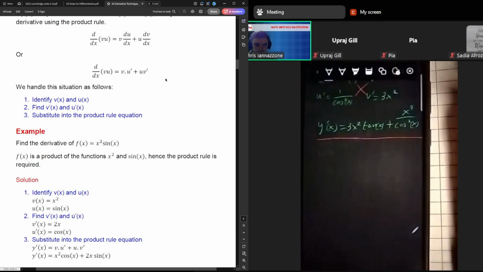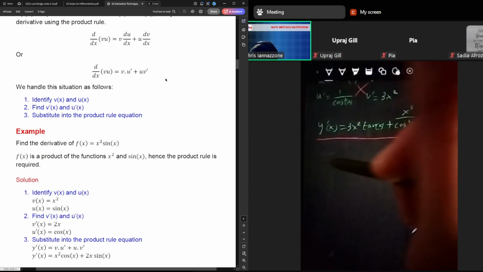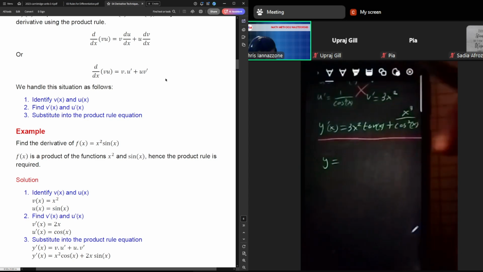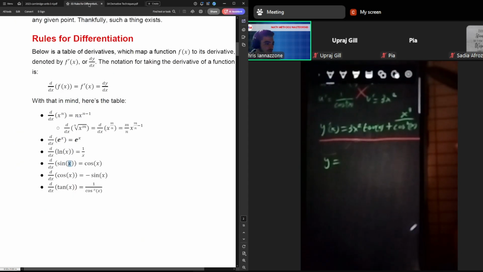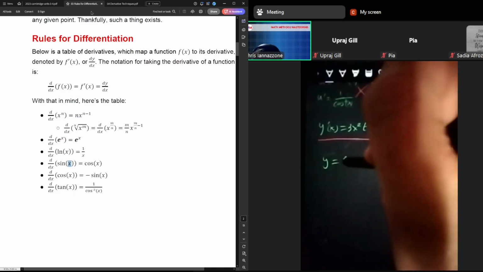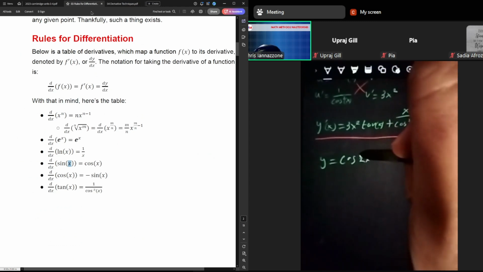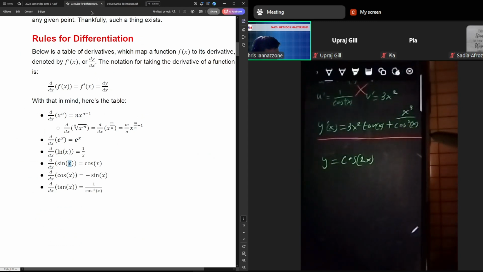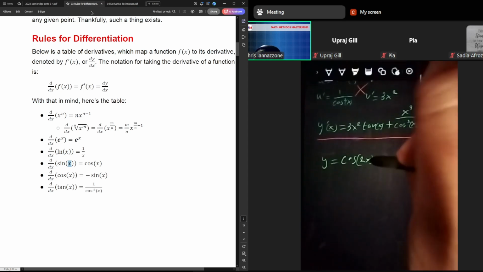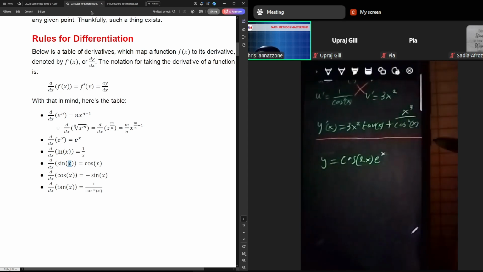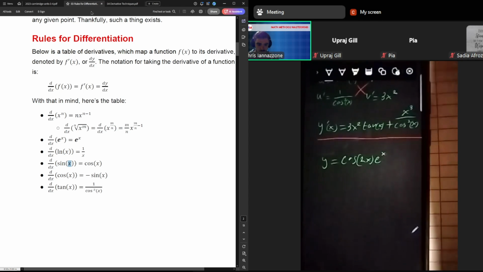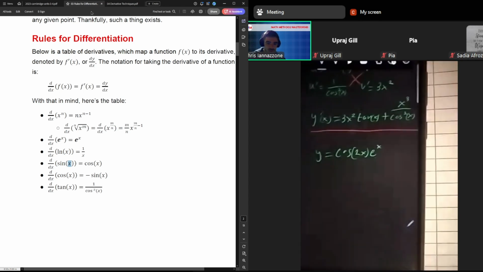Alright, and now we'll do one which is going to be slightly harder. Y equals, okay, what have I not done yet? We'll put a cos 2x in there, and we'll chuck another e to the x in there. Why not? What's going on here?